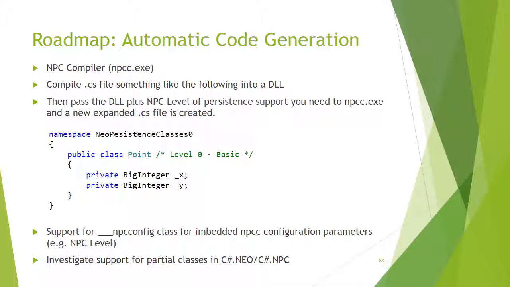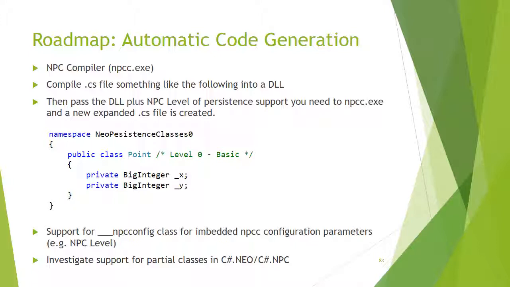representation, assembly DLL representation of this class you see here. It would inspect the DLL to find that there's a class called point and that there's two fields, one called _x and one _y of type integer, big integer. And it would automatically generate C# code for the NPC class.